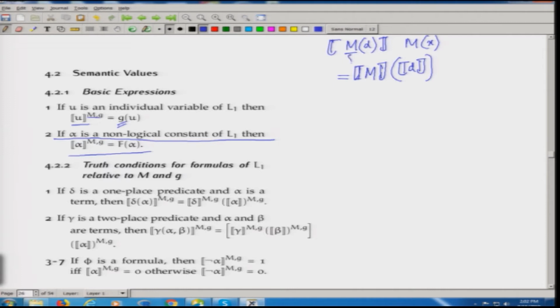When M is a delta and D is an alpha, it will be the denotation of delta and the denotation of alpha, but it is not an ordinary combination, it is a functional combination. Here alpha is given to delta as an argument. So, this part is the argument part, and this is the function that takes the argument. So, this is the first law.